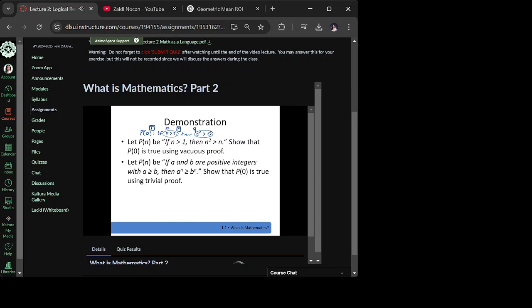In the second example, we are being asked to show that P of 0 is true using trivial proof. But what is P of 0 here? P of 0 is the implication if A and B are positive integers with A greater than or equal to B, then A to the 0 is greater than or equal to B to the 0.